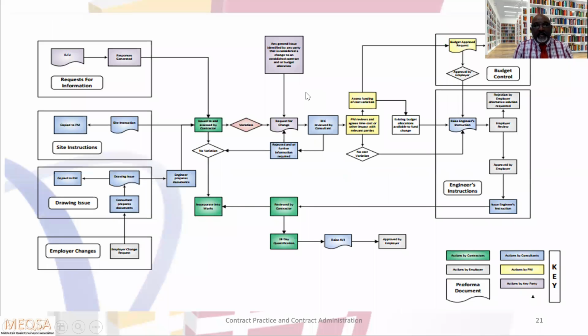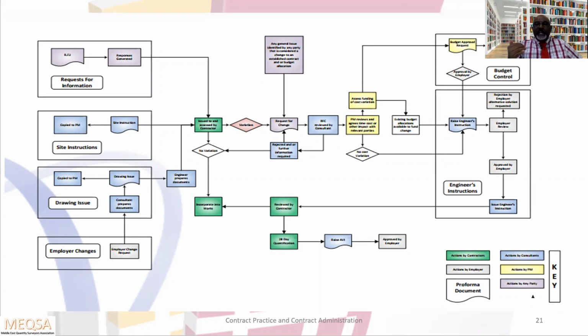Generally, a request for change can be initiated by either party, either contractor or employer. Once the contractor initiates it, he will submit it to the engineer. The engineer will review first. In that request for change, the contractor will put the estimated amount and give time and cost, both.